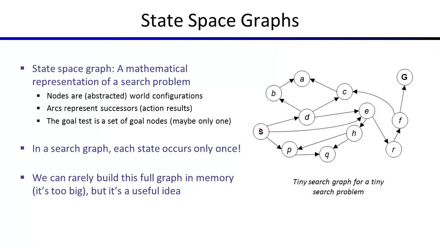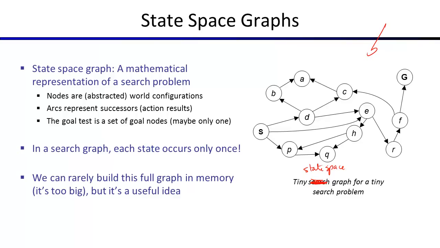Okay, so the toy problem we'll be working with for much of this lecture to illustrate the concept is this very, very tiny state space graph. So I should relabel this. This is our old terminology. Search graph is just too similar a word to search tree. So let's call it state space graph.